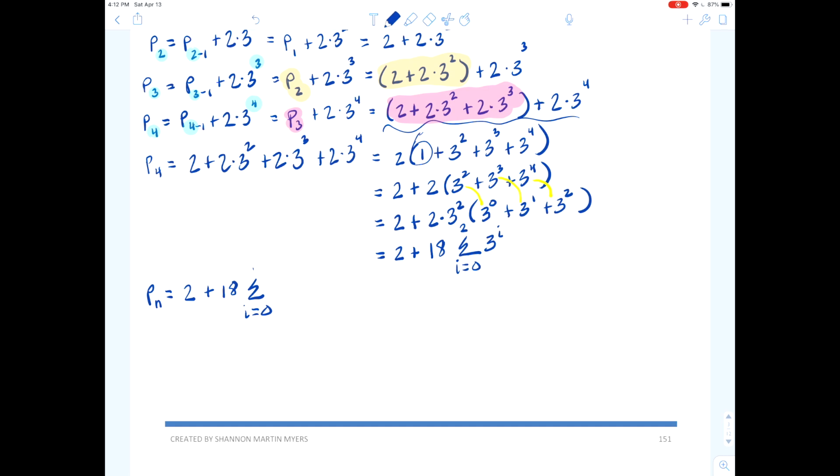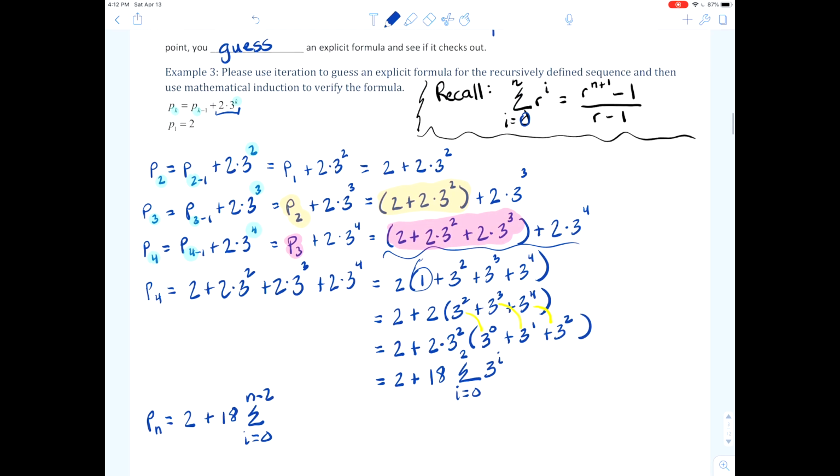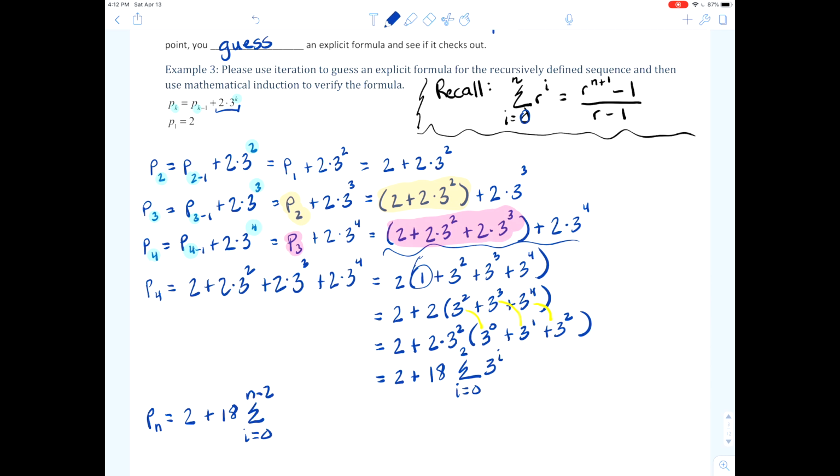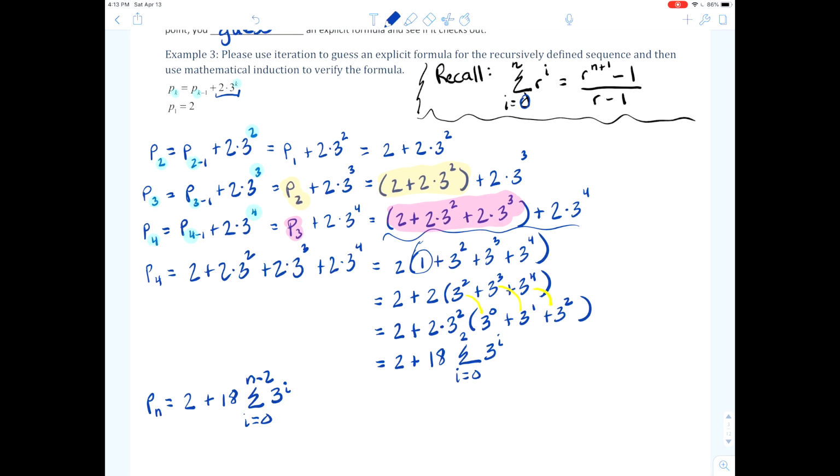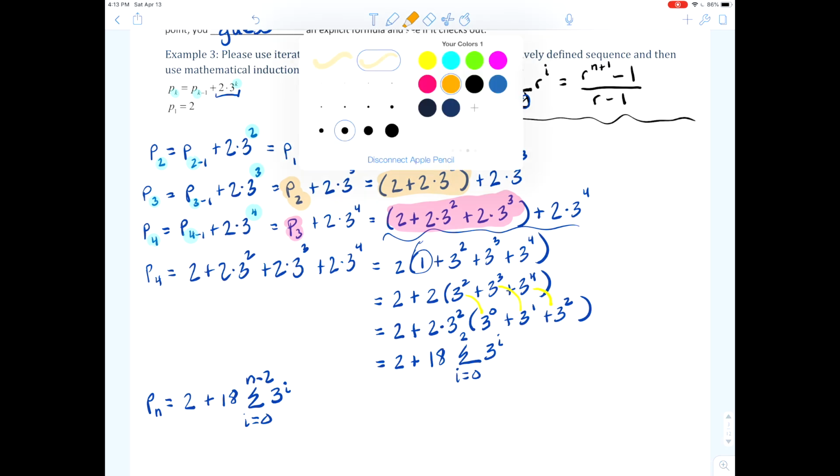Instead of n, we'd be writing n minus 2, wouldn't we? Cool so far? Because we decreased each power by 2. And then this would be 3 to the I, and that is going to represent our summation.